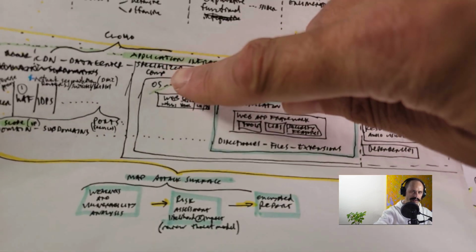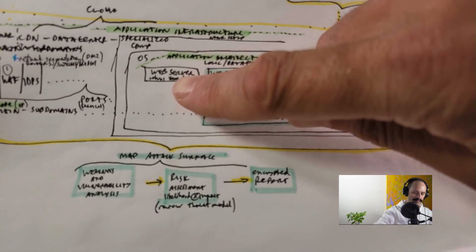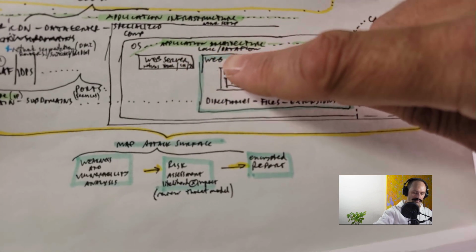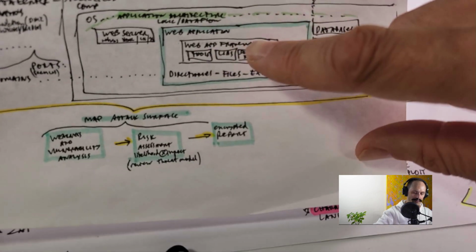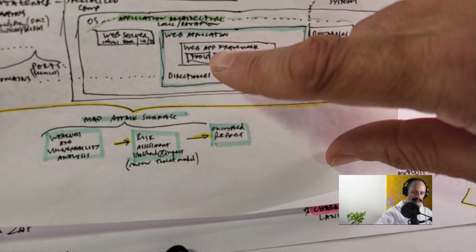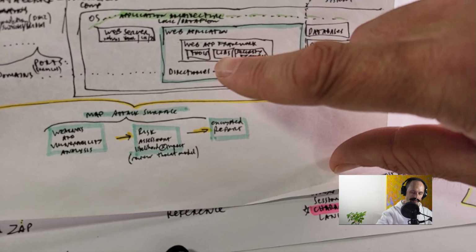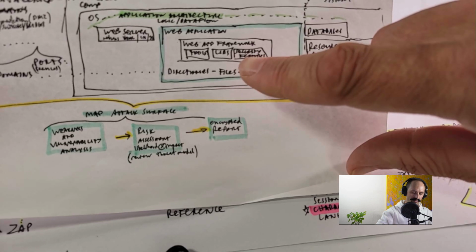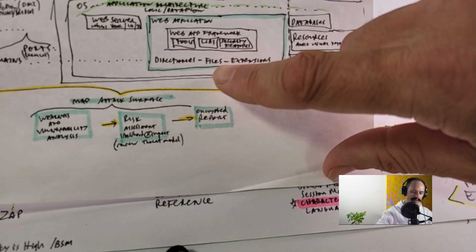There's a specialized computer on which there's an operating system, on which there's a web server. This is the application architecture, the logic and the data flow there. You see how the web application is a separate entity there. The web application framework is contained within the web application, perhaps. There's tools and libraries and security features within it. Right, and then the web application also has directories, files, and extensions.